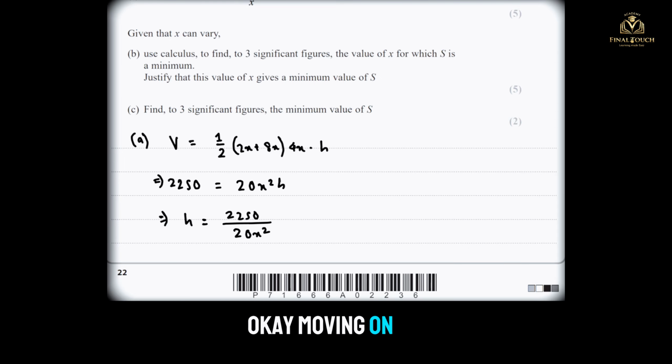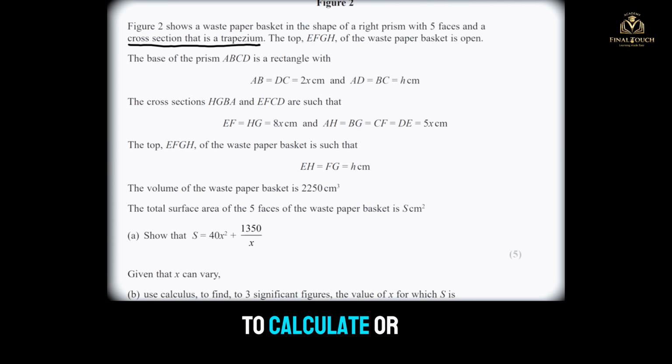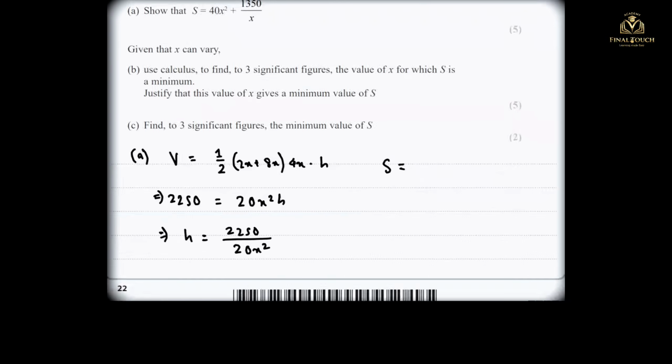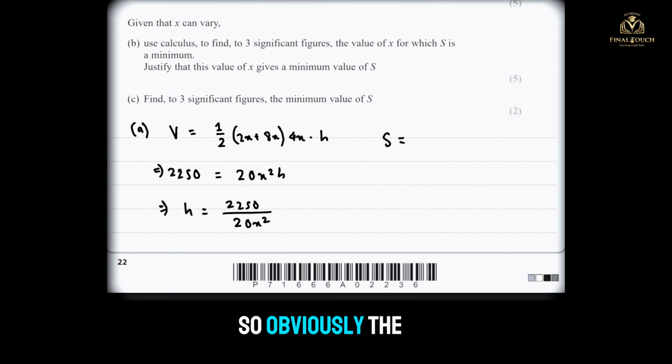Okay. Moving on to the next part, the surface area they told us to find. For the surface area, we have to find the areas of each part of this 3D diagram and then add them up. Obviously the cross-sectional area of the trapezium section is 20x squared.